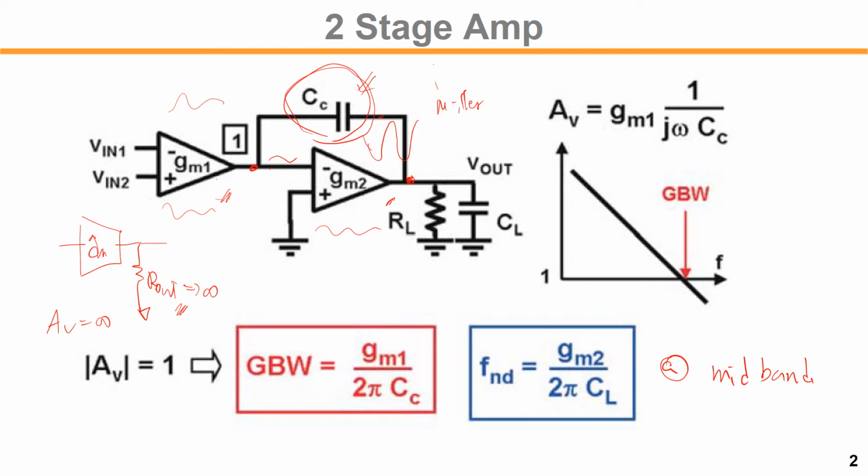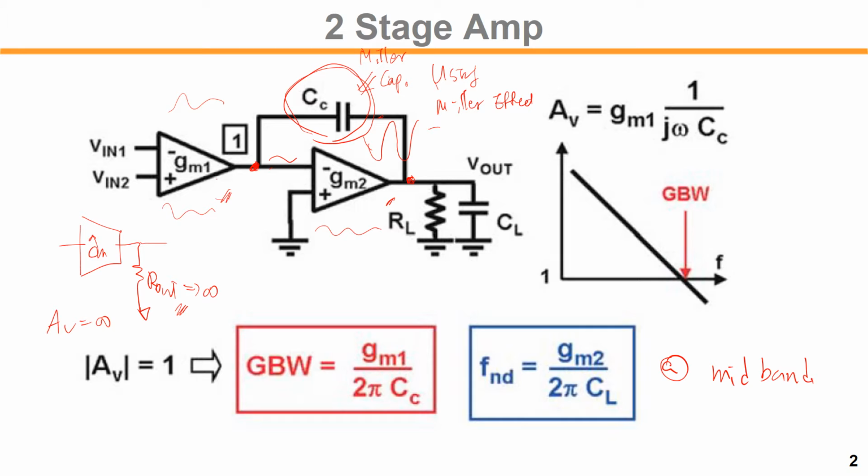So using the Miller effect, we add the capacitance. This is called Miller capacitance. With the effective gain, at node 1, there will be a very large capacitance.